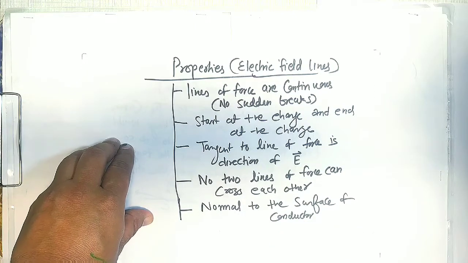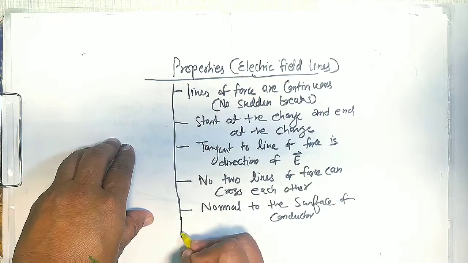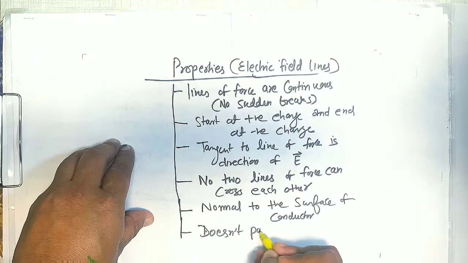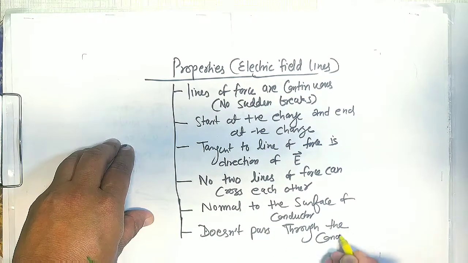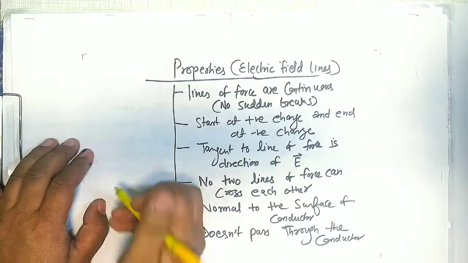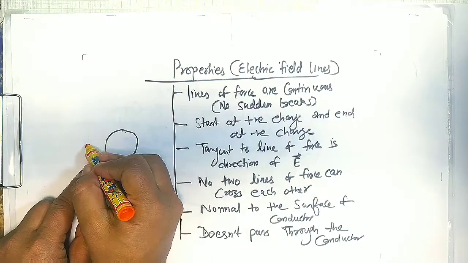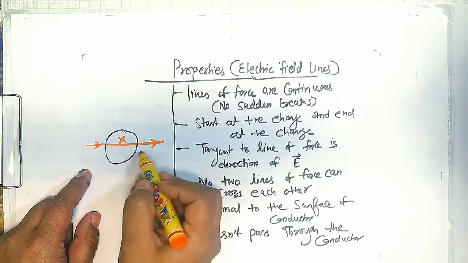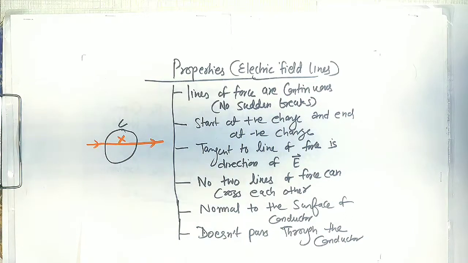And another important one is that they don't pass through the conductor. So if this is a conductor and an electric field line is coming like this, and if it goes through like this, then this is wrong, because they can't pass through the conductor. So these are the basic properties of lines of force.